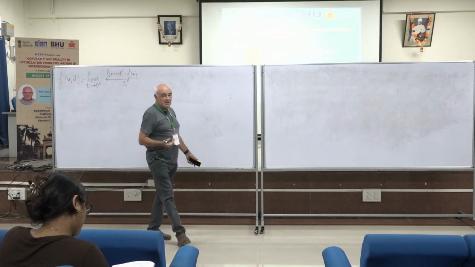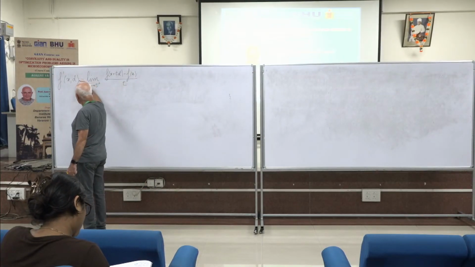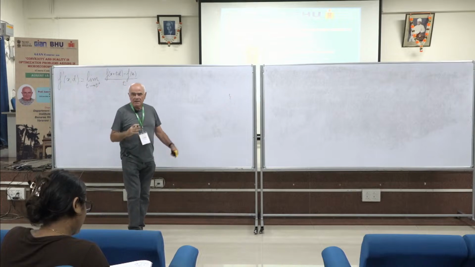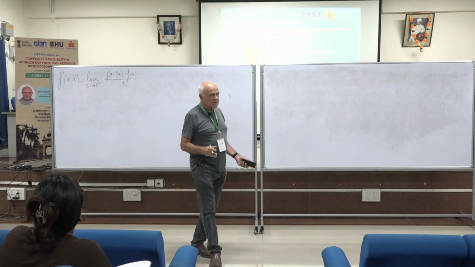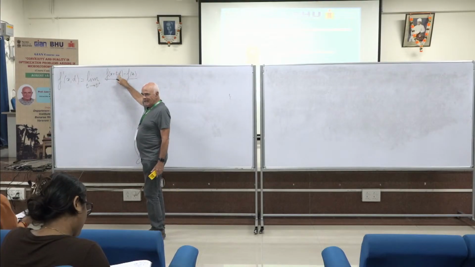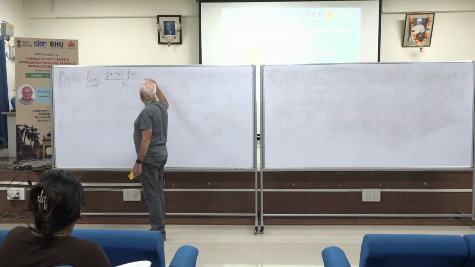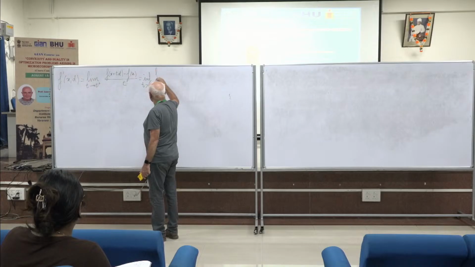And I asked, does this limit exist? And I said yes, it exists, at least in the extended reals, because this expression is non-decreasing in t, so the limit is actually the infimum over positive t of the same expression.